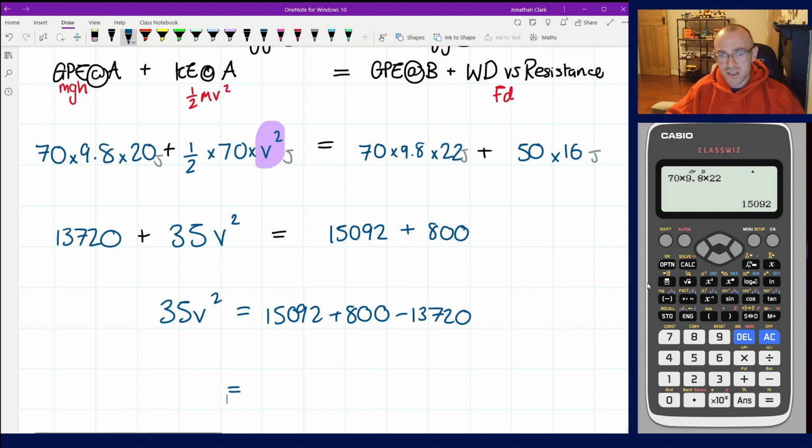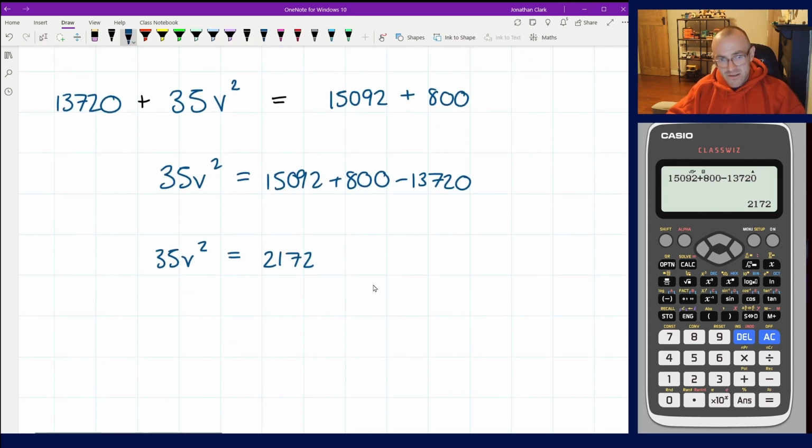And let's see what this comes out as. 2172. And then let's divide through by 35.